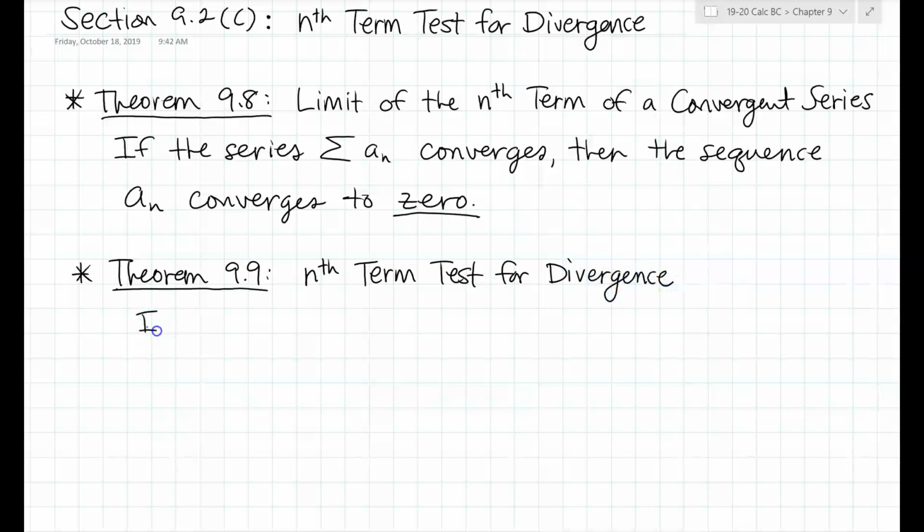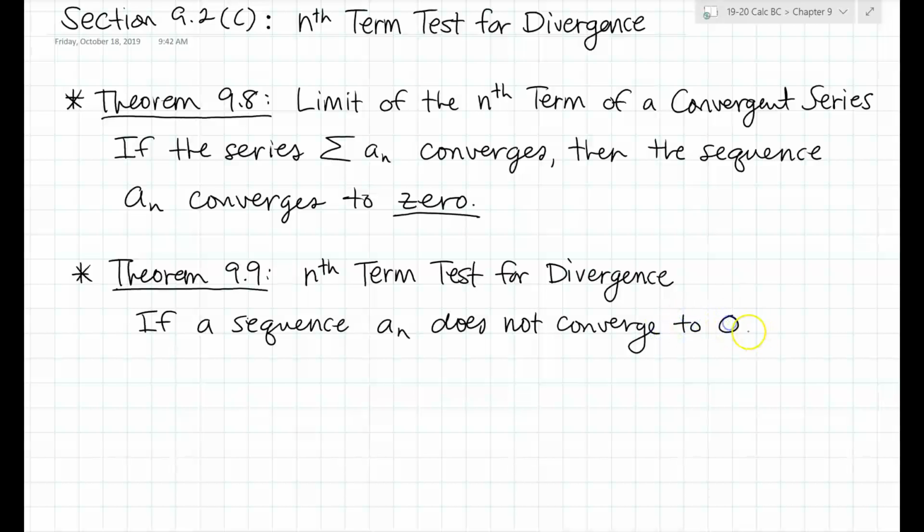It says if a sequence, and they're going to call it a sub n, does not converge to 0, then the series diverges. These two theorems are often misused, okay?